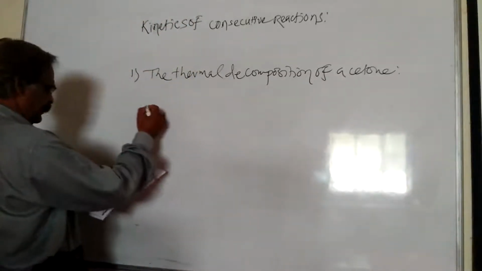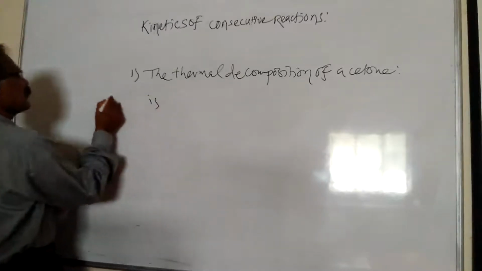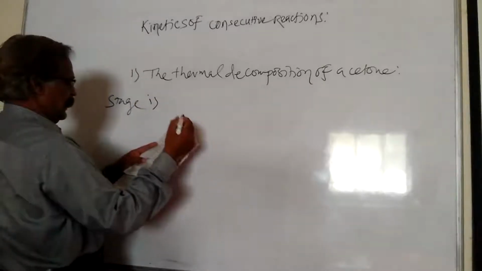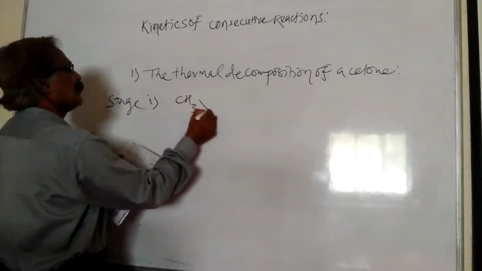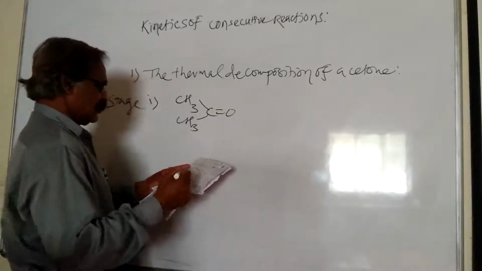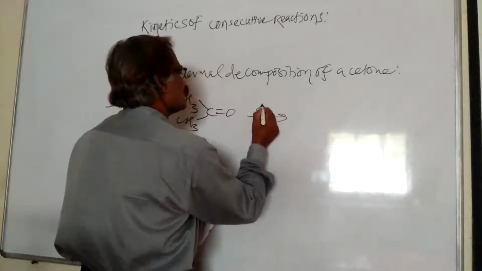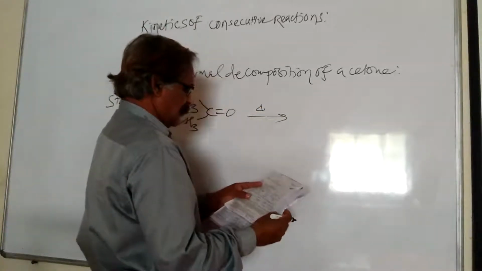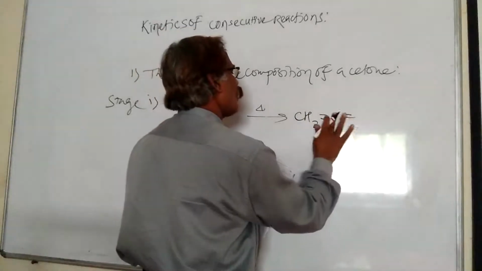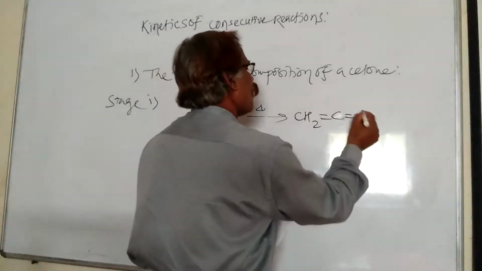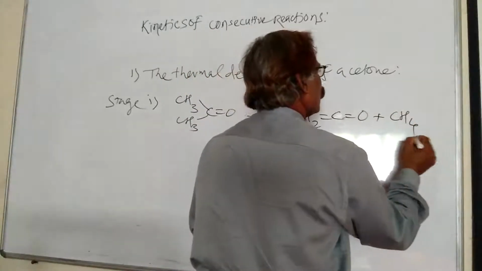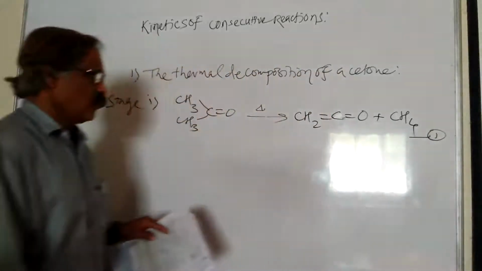In stage 1, acetone, CH3 C double bond O CH3. When acetone is heated, it gives CH2 double bond C double bond O plus CH4. This is stage 1.